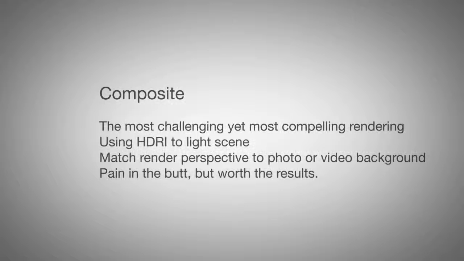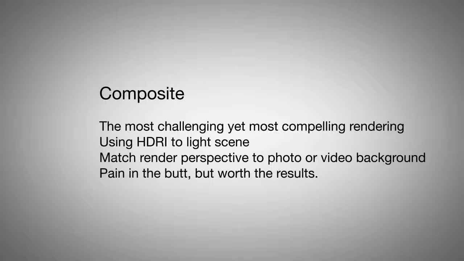And then finally, the composite environment renderings rely heavily on accurate lighting via HDRI. That, by the way, stands for high dynamic range image, which again, I'll cover in the lighting video, and accurate shadow and light setup with the correct photography or video backplates to get the camera angle match just right.